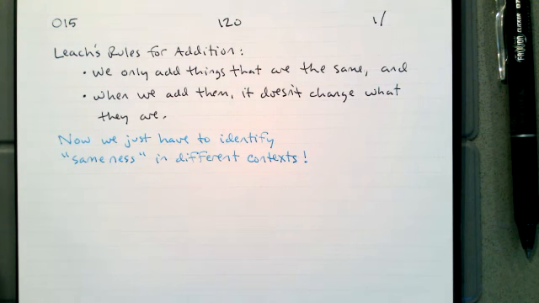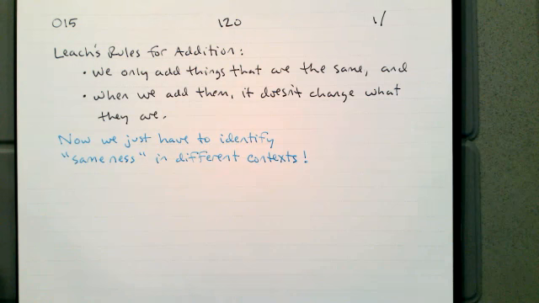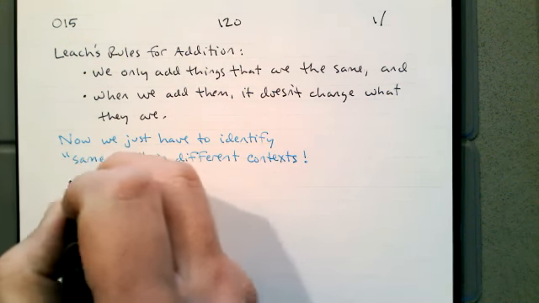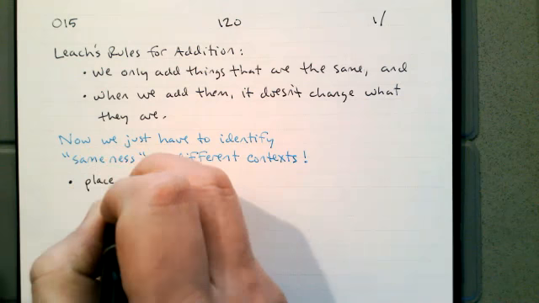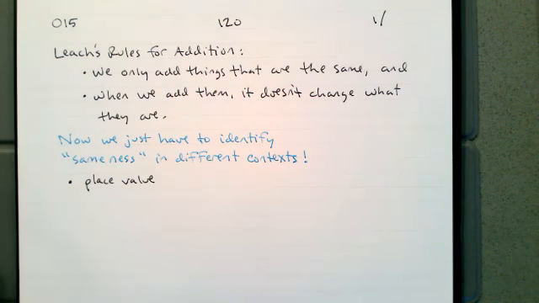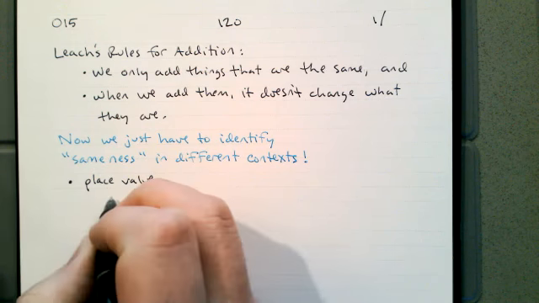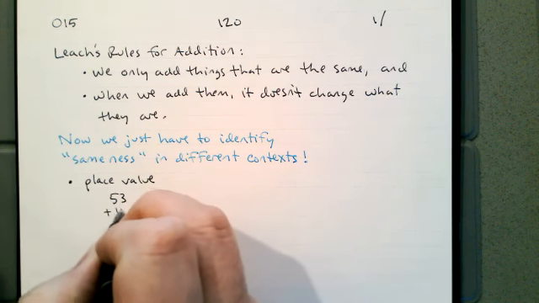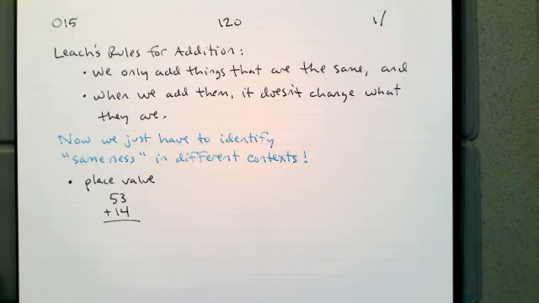Then we have to just identify sameness in different contexts, and we've seen some on the quizzes. One of them, and the reason that I wanted you to write out what you were doing in the addition quiz, is place value. When we add numbers up, like 53 and 14, we line up the ones with the ones, then the tens with the tens, and we add those up.